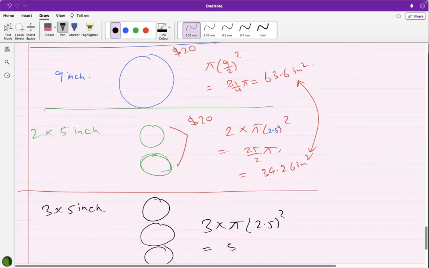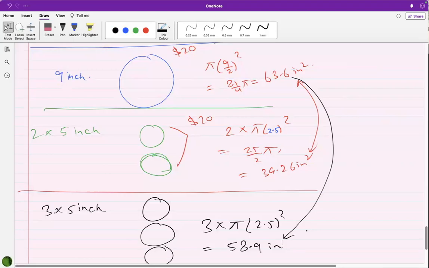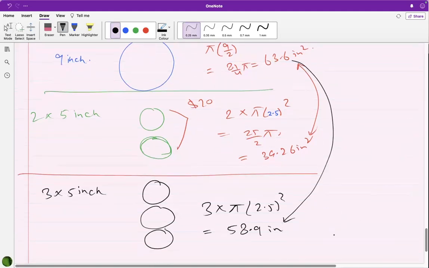Even then, that is 58.9. That cannot compensate. So only 4, I guess. If he offers 4, that would be 78.5 inches.